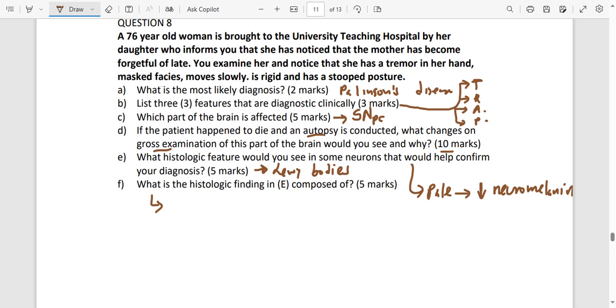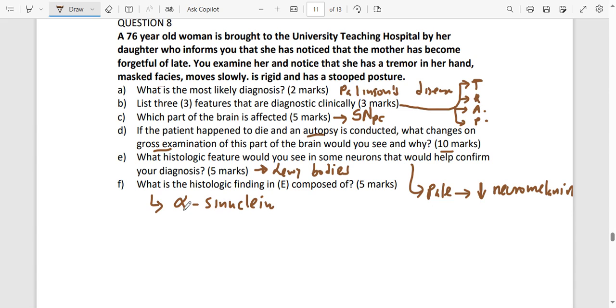So there should be that specific one that we can mention. They are actually proteins which make up these Lewy bodies. Any idea? Thank you so much. Yes, alpha synuclein.